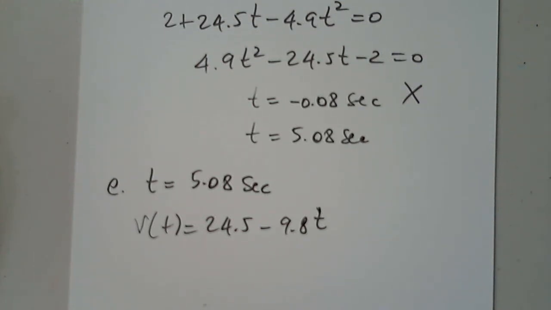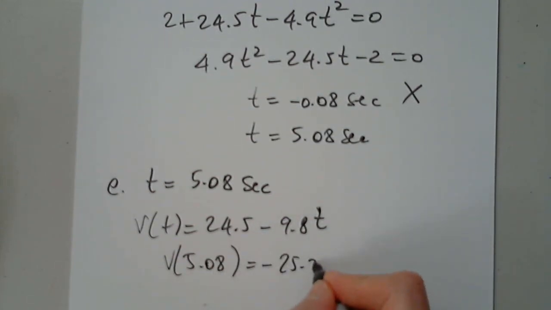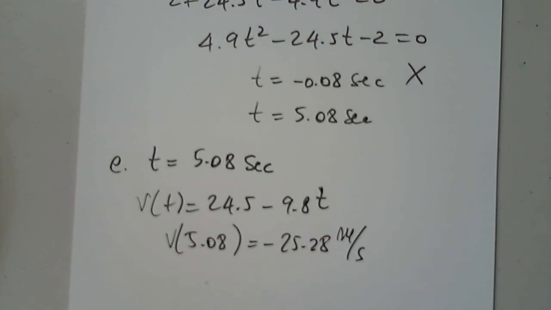All I have to do is just plug it in. So I plug in 5.08. And here's the velocity. Of course, it's the direction, negative 25.28. So v of 5.08 is negative 25.28 meters per second.